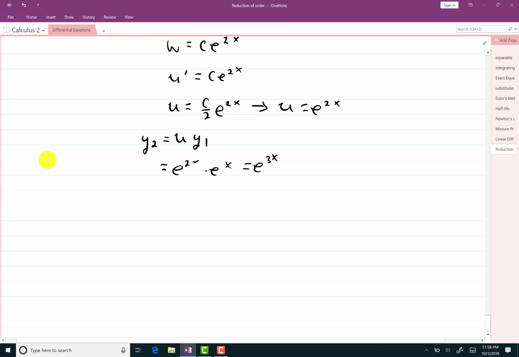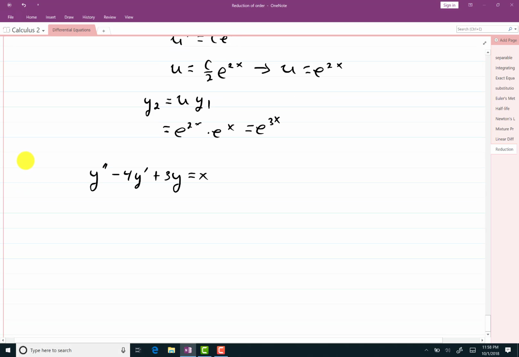So if you recall, our equation was to solve y double prime minus 4y prime plus 3y equals x. There will be two components to our answer. Our solution will be of the form y equals y sub p plus y sub c.